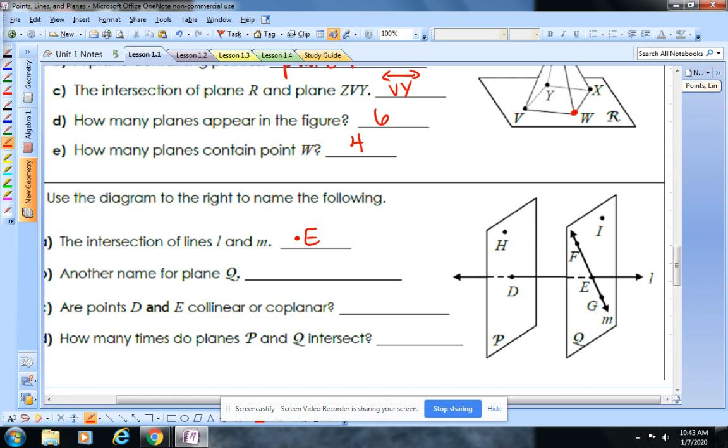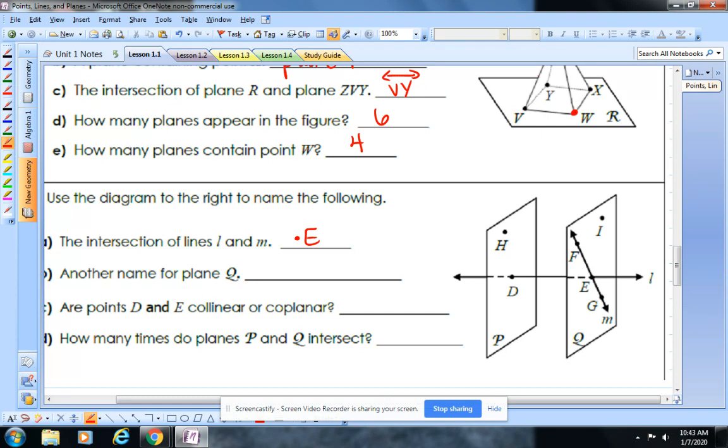Problem B says, name another name for plane Q. Well, Q is the name of the plane. It's in the bottom corner, but it's not a point, right? How many points do we need to name a plane? 3. So give me 3 points that are in plane Q. Now, is M a point? No, that's another name of that line, isn't it? So give me 3 points that are non-collinear.